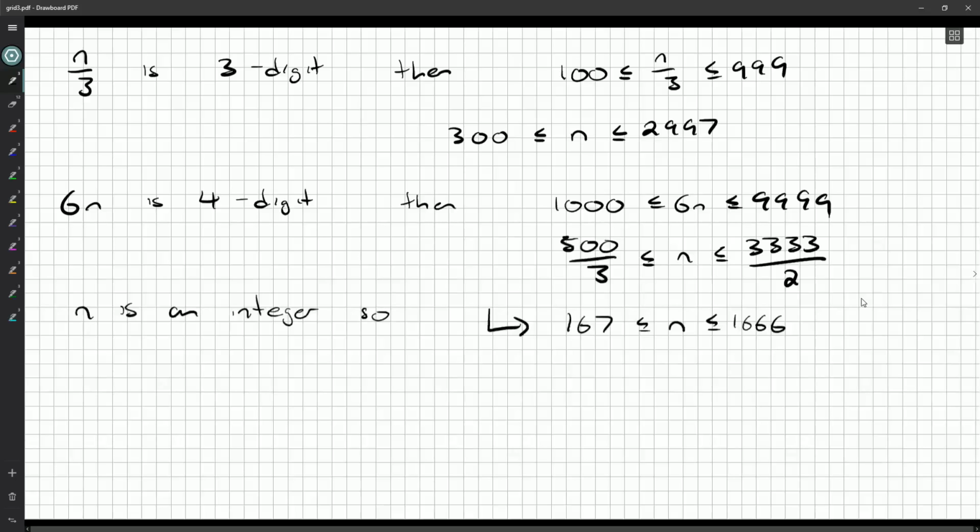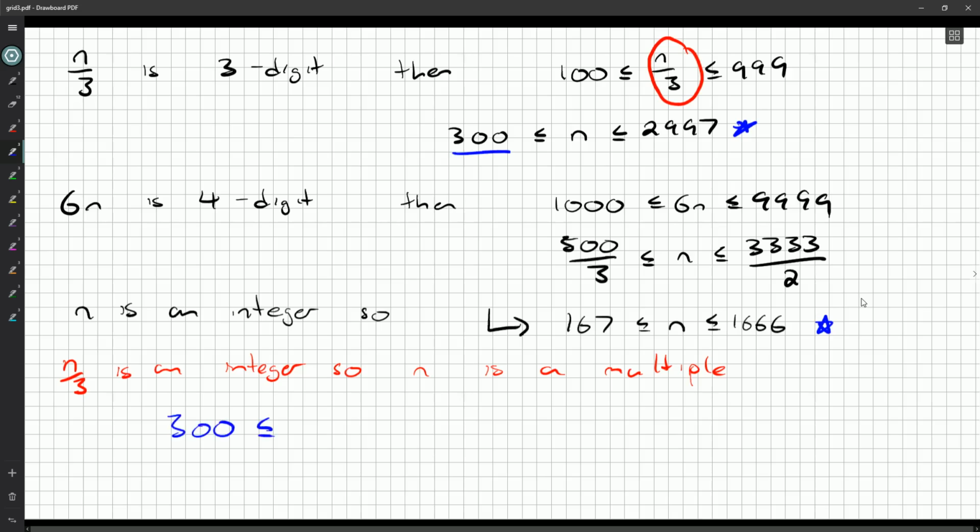And the other sort of key thing to realize is that n over 3 has to be an integer. So n is a multiple of 3. So combining our two inequalities, we can see, well, 300 is bigger than 167, so 300 must be less than or equal to n.